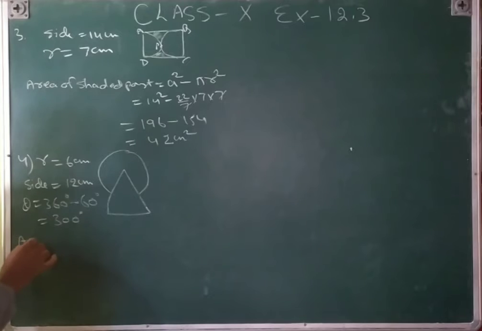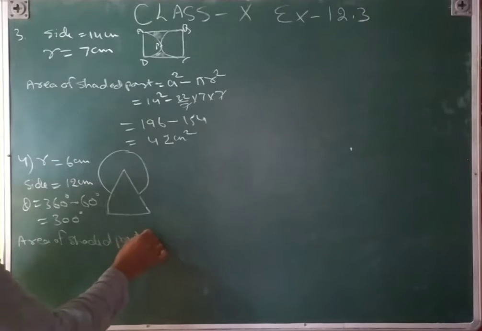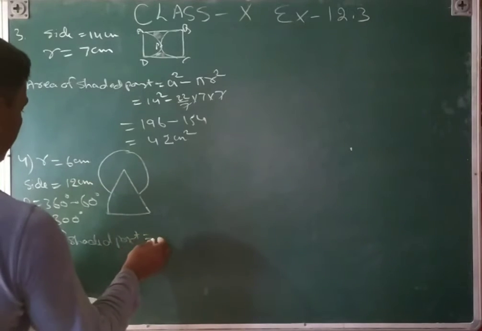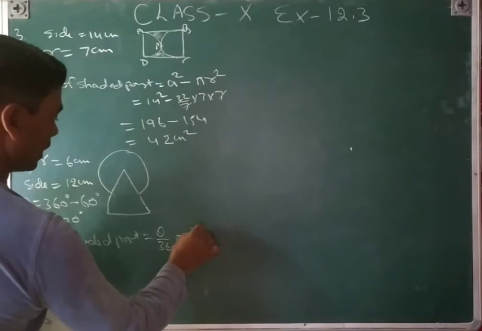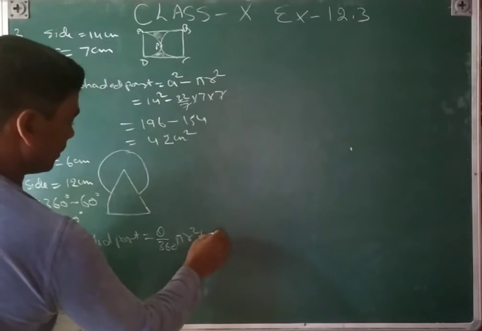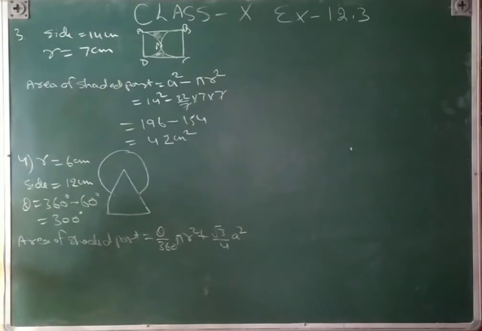So area of shaded part is equal to area of that one, theta upon 360 pi r square, plus area of triangle, that will be under root 3 upon 4 a square.